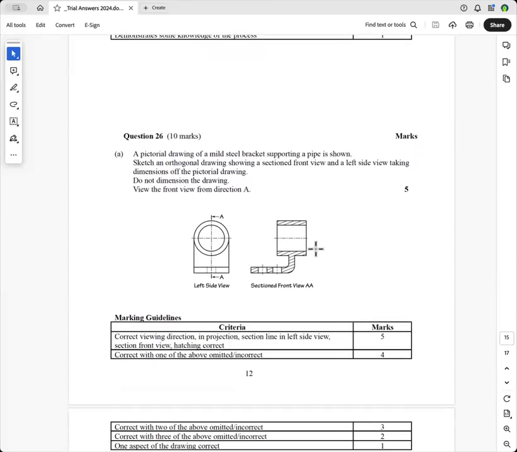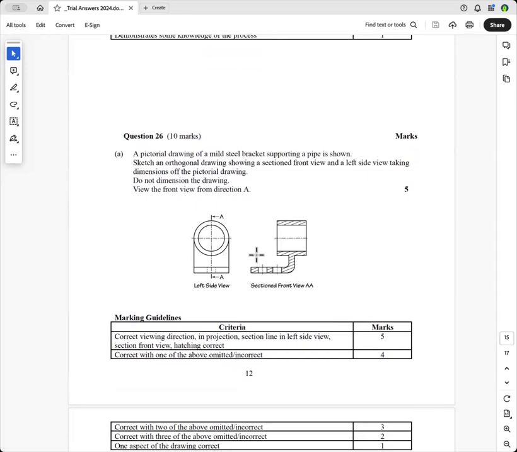This was poorly done. Whenever you do a drawing, make sure that all of the views are in projection. I had one student draw the left side view up here and the front view down here. Now, that's a no-no. These all have to be in projection.